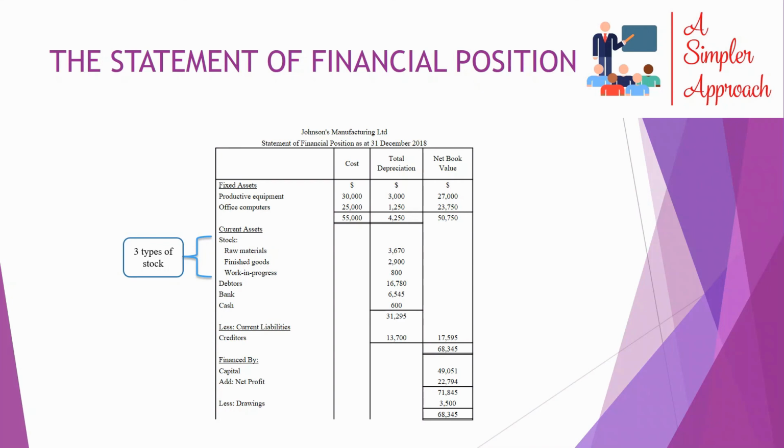But with the manufacturing account, there are three different kinds of stock. You have stock of raw materials, you have stock of finished goods, and you have work in progress stock. So you'd have to list all three. Apart from that, everything for the statement of financial position, aka balance sheet, remains the same.